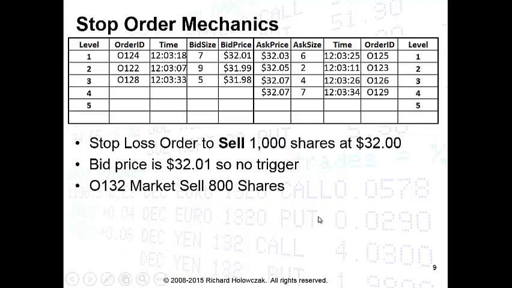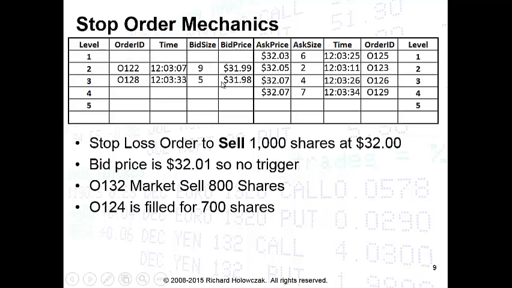Well, let's have another market sell order come in. Order 132 is going to sell 800 shares, again at the market. And so now we're going to have to look here at the bid side and see what it's going to take to satisfy this market sell order. First up, order 124 will be filled for 700 shares. So our new market sell order here will match up and they'll sell 700 shares at $32.01.